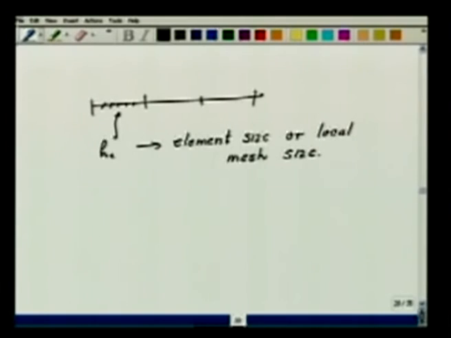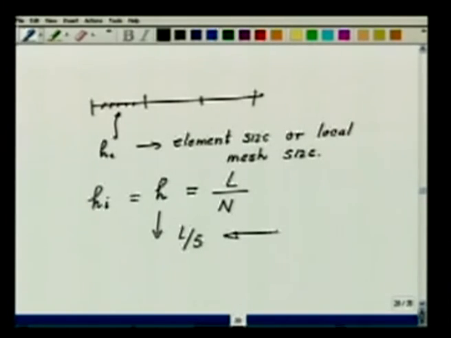We can take the simplest possible case where all these elements are of the same length, that is of the same size. Then what will happen? Hi will be equal to h, which will be equal to the length of the whole domain divided by the number of elements. So in this case, for example, if I take the 5 element mesh, in that case h will be equal to L by 5.